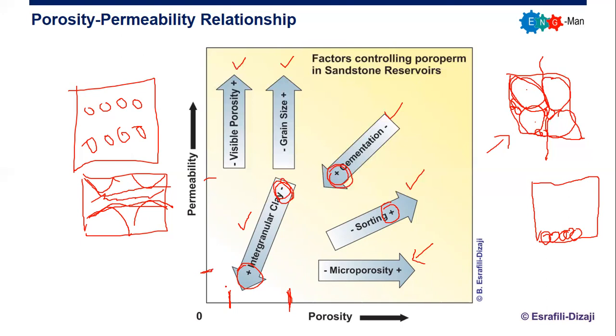So you can have more microporosity, but your permeability stays the same if the microporosity is not connected one to the other, all right? But of course, this arrow can turn to be that way if your microporosity is connected, thereby increasing your permeability.